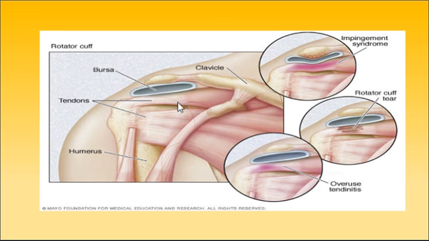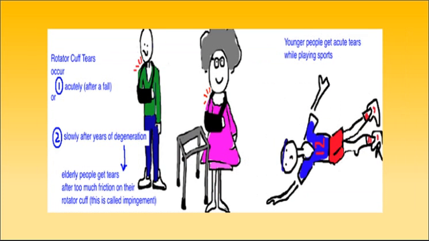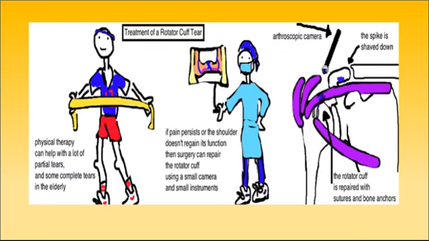For causes, this was a good picture. In the older population, it's after a fall or just years of degeneration. They, as you can see here, immobilize it and allow it to heal. And then younger people usually have acute tears due to sport injury or ATV injuries.